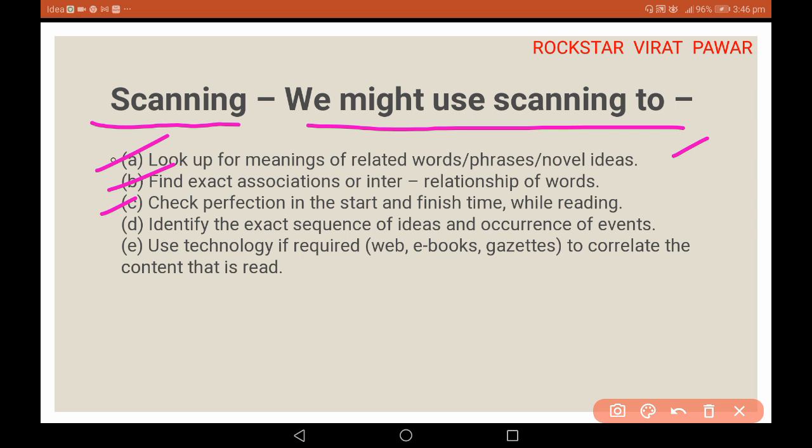Check perfection in the start and finish time while reading. Identify the exact sequence of ideas and occurrence of events. Use technology if required, like web, ebooks, cassettes. If you want to study anything, you will get too much matter. But if you don't want to study, nothing can help you to correlate the content that is read.